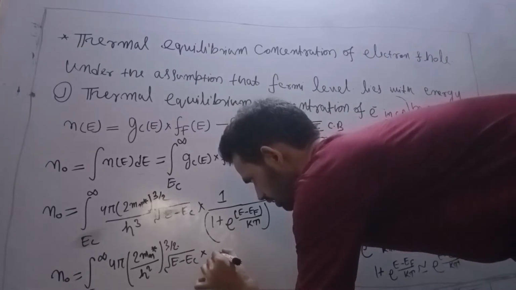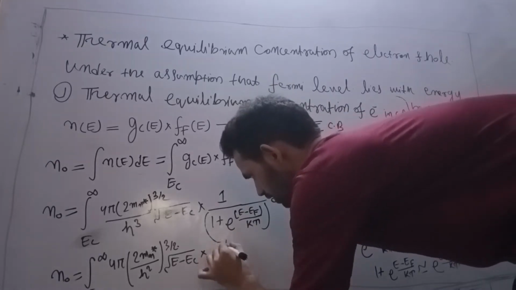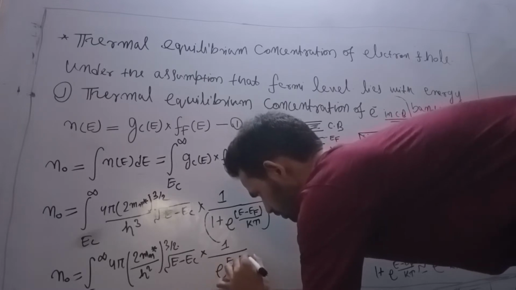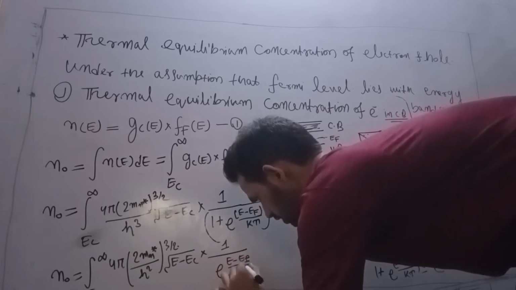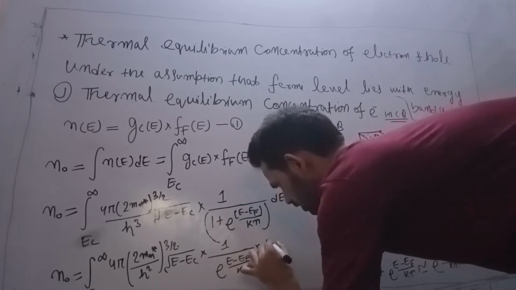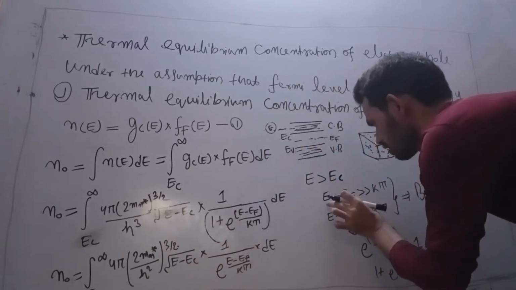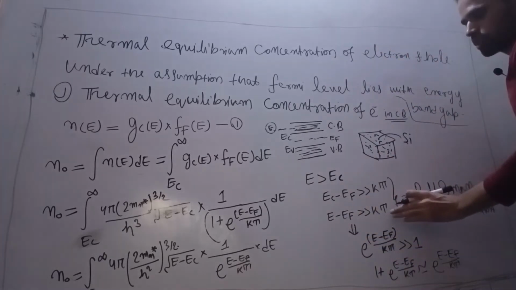Now it goes upside, so it is e to the power minus (E minus EF) by KT into dE, under the condition that E minus EF is much greater than KT.